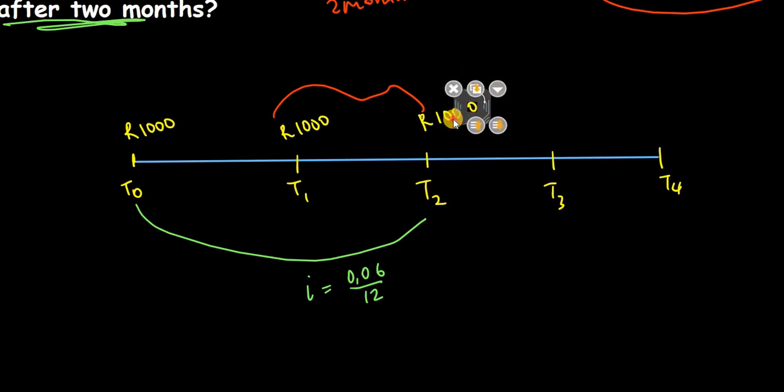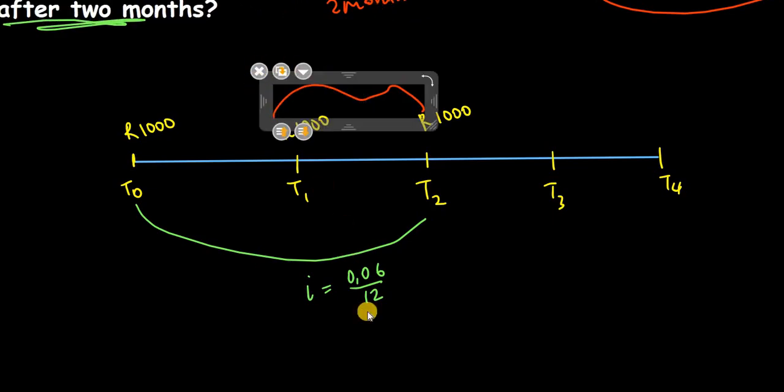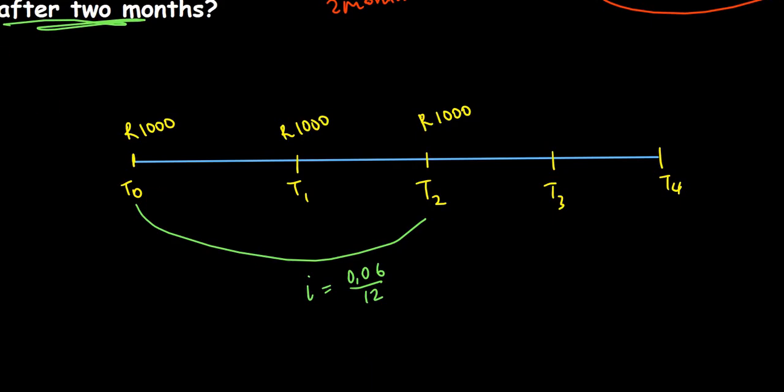Quickly take this here, and we understand that this is the 2 months. How do we solve this? The first thing is that we can say this money that was deposited here is going to stay for 3 months. Do you see that? From here to there, it is 3 months.